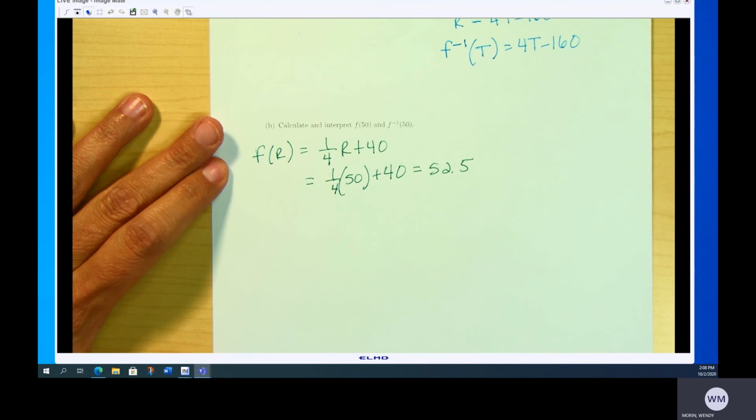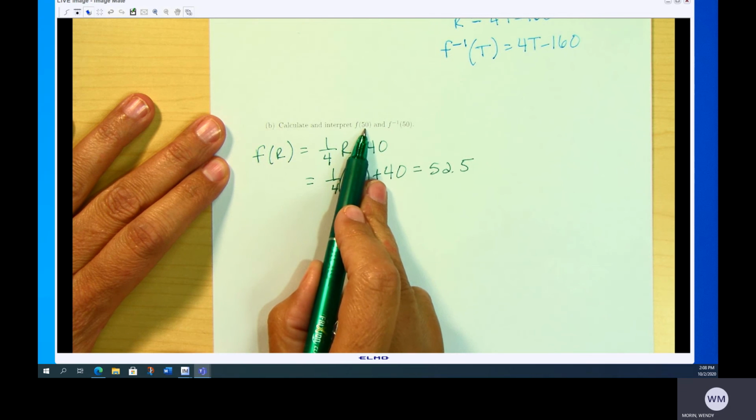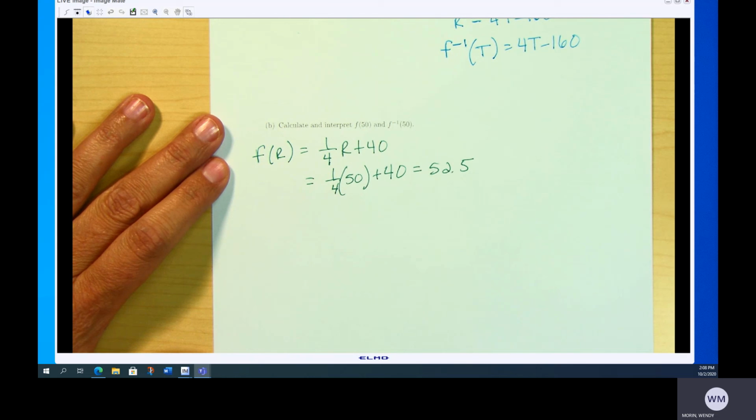So what did you just calculate? We were given R equals 50. What is R? R is the times per minute the cricket chirps.